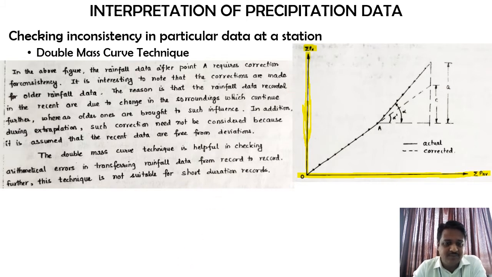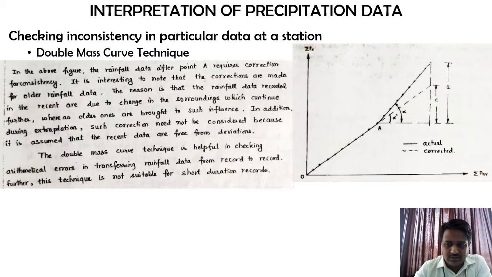For this particular type of question, they will be giving you a set of data. Let us understand what those data are. Initially they will give you the year for which the rainfall data was collected.